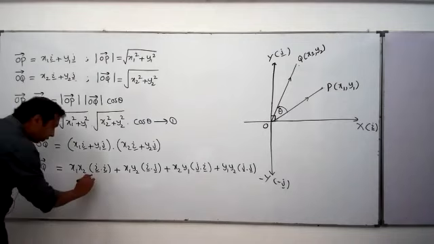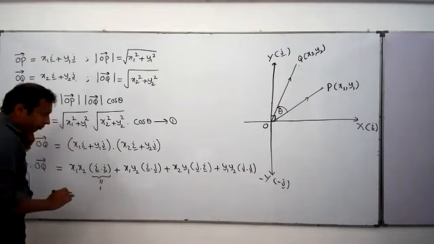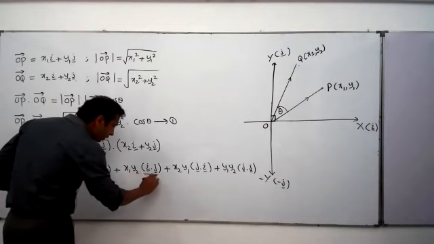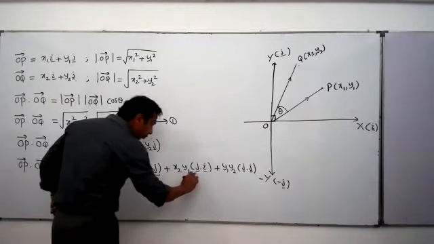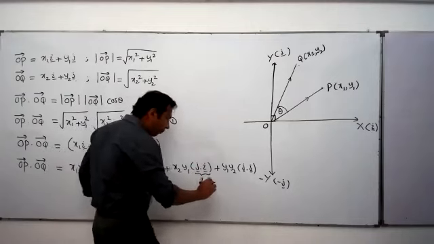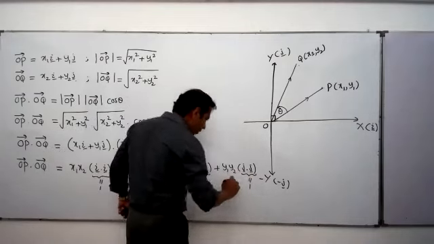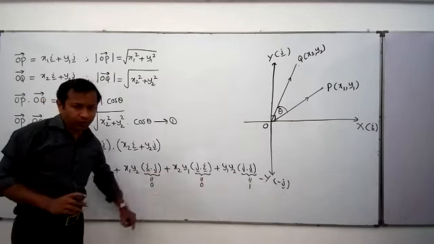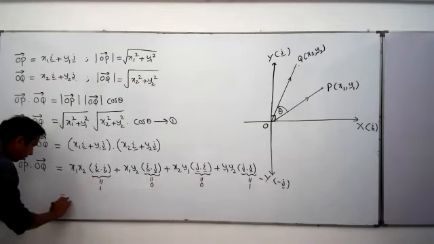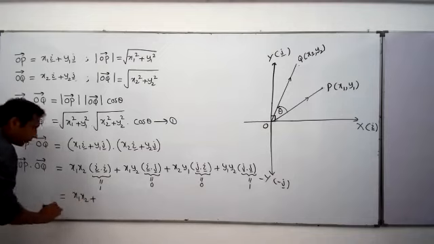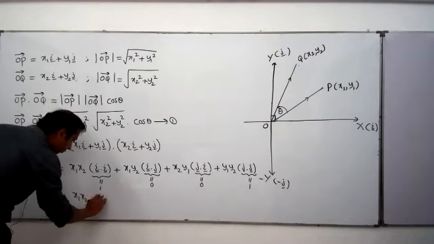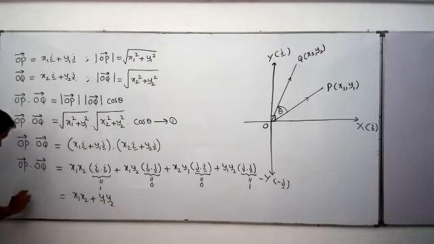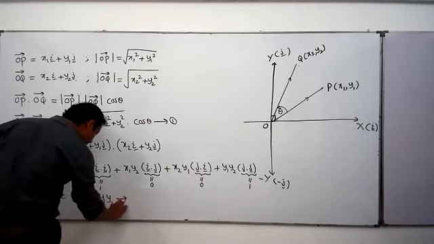People, we know i dot i, as we just found, is equal to 1. i dot j equals 0, j dot i also becomes 0, and j dot j is 1. Then these two terms will be 0, and on the right hand side we get x1 x2 plus y1 y2. This is OP dot OQ, number 2.